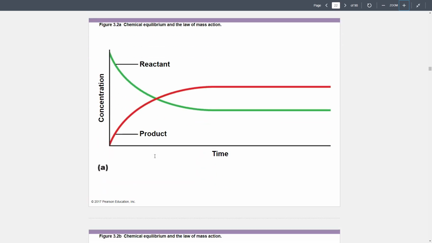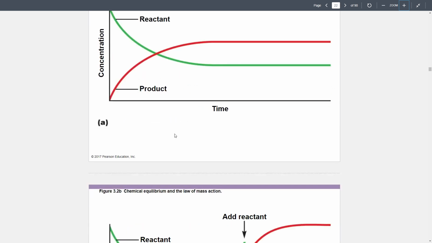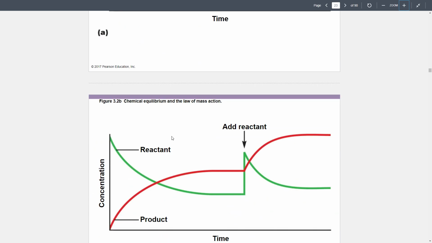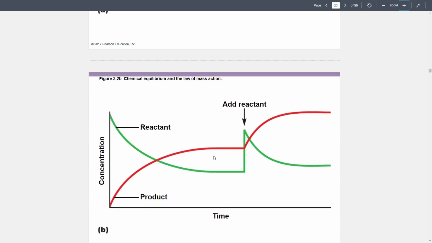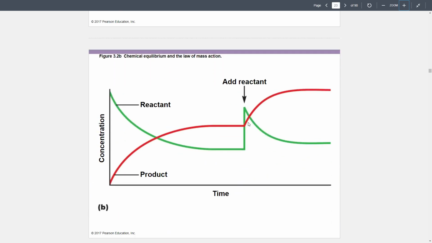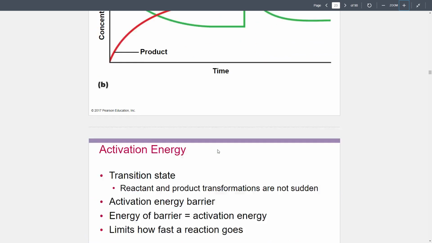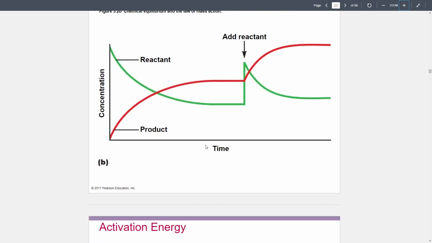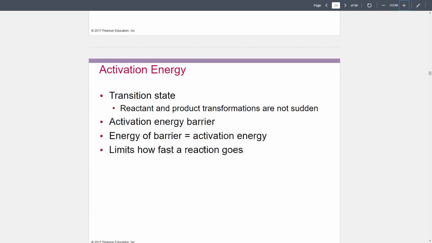And for those of you who like images to help with visualizing, this is a visualization of that constant, of that concept. And this is showing you what happens when you add in more of that reactant and how it adjusts accordingly.